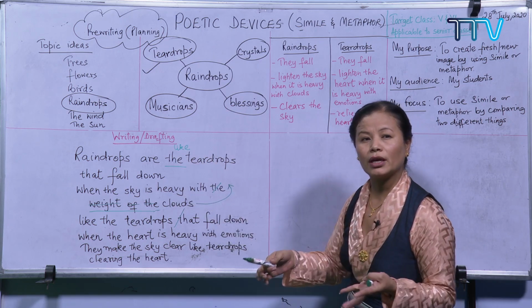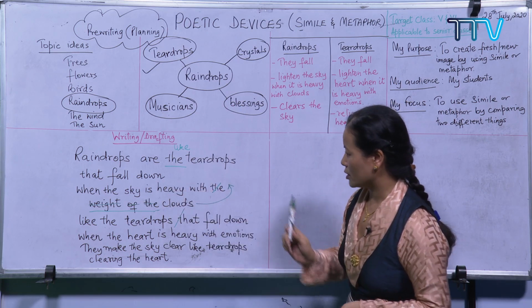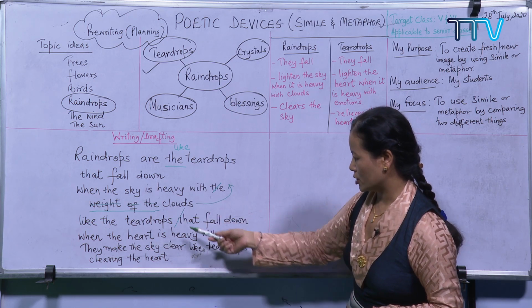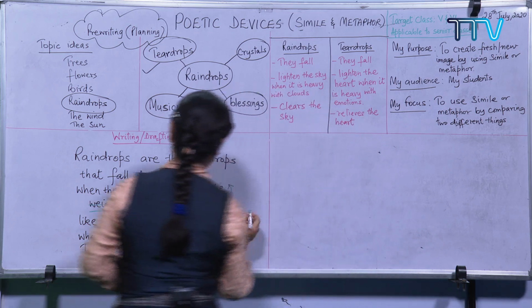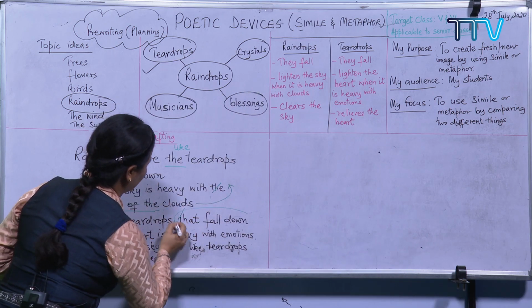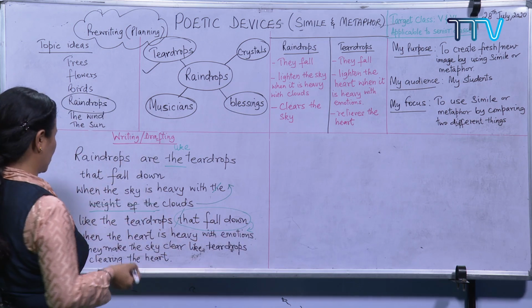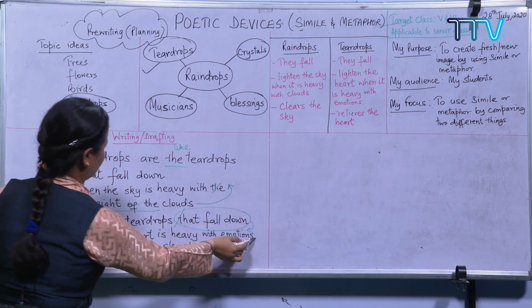It would also be a kind of repetition. So, raindrops are like teardrops that fall down when the sky is heavy with clouds, like the teardrops. I can have a line break, and keep this in the next line, that fall down when the heart is heavy with emotions.